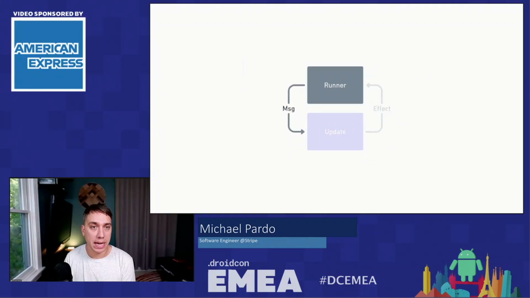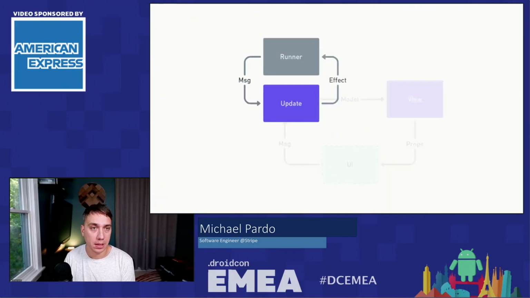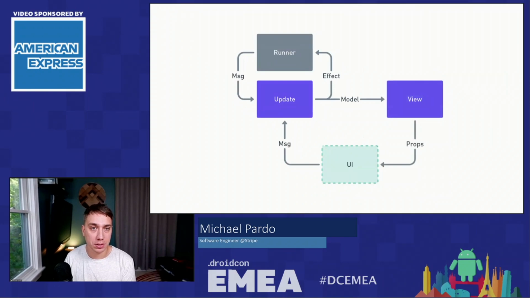And effects call back into the main MVU loop by dispatching messages, which are then passed into the update function. And this completes the unidirectional loop for side effects, and now we can see the complete MVU architecture.